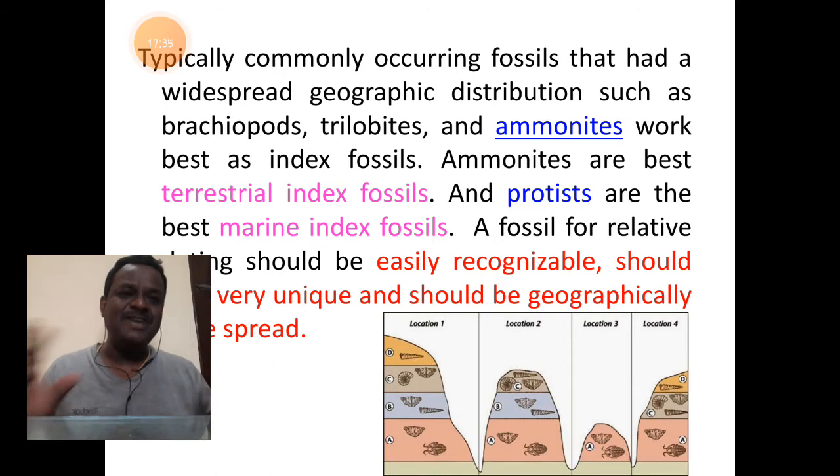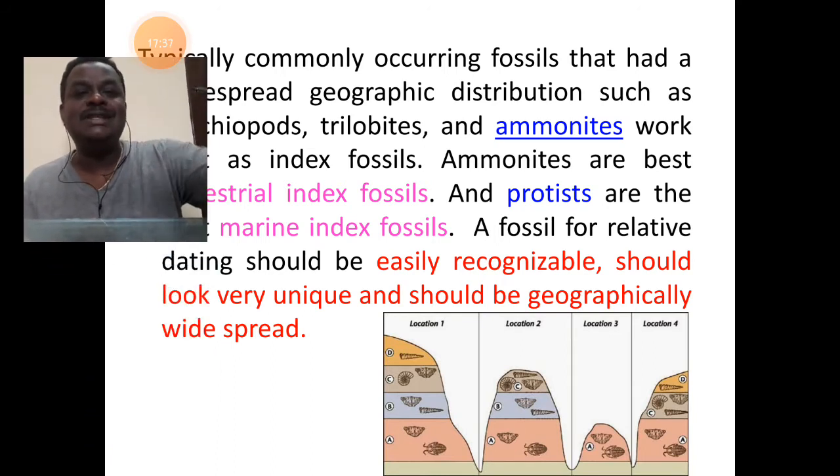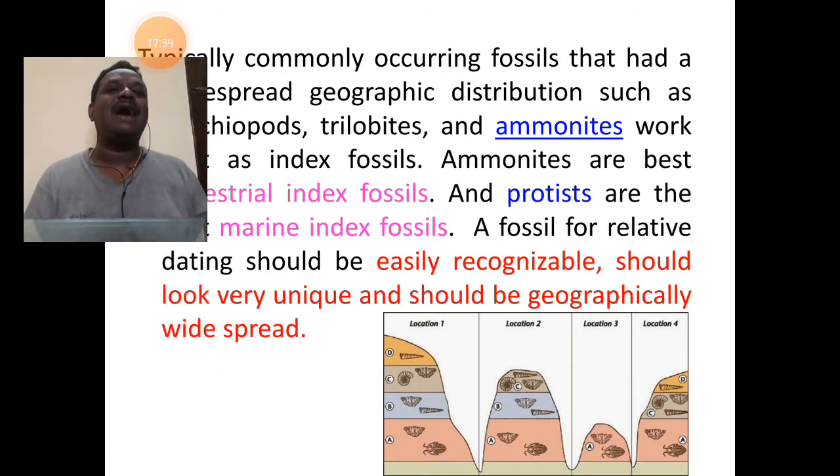The major features of this particular kind of indicator fossil are, number one, majority of them should be easily recognizable. Number two, they should look very unique compared to the rest of the fossils. Number three, they should occupy a wide spread of geographical areas.